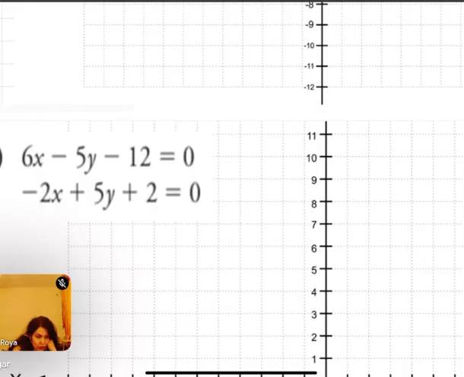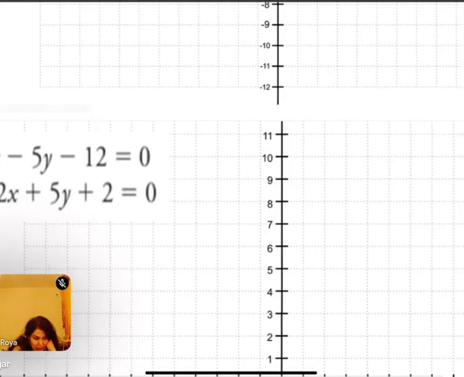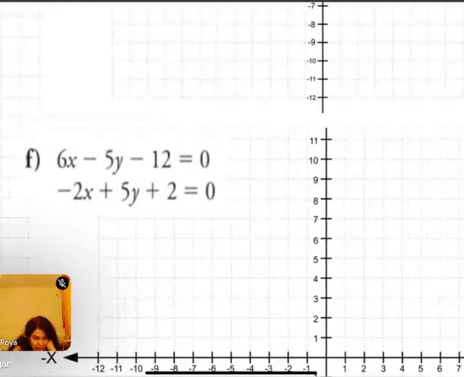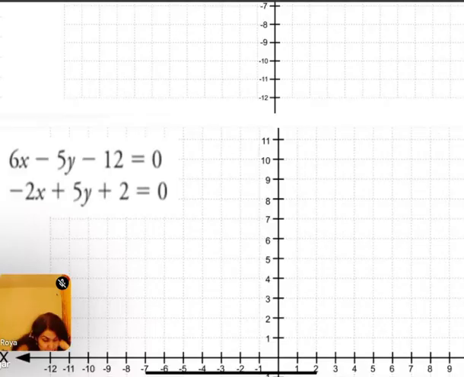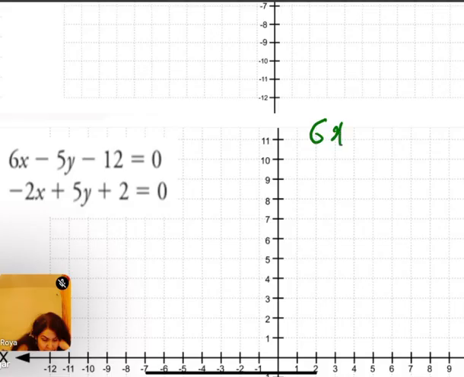So we can move negative 12 to the other side and positive 2 to the other side. So I'm going to rearrange it. It's going to be 6x minus 5y equal to 12.